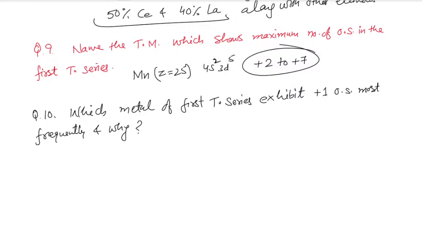Very good. Copper. And why is it so? Because copper in +1 oxidation state has electronic configuration 3d10, that is fully filled, which means it acquires noble gas-like stable configuration, because copper is 3d10 4s1 and copper 1+ is 3d10 4s0.